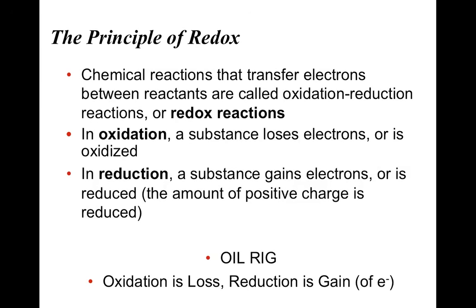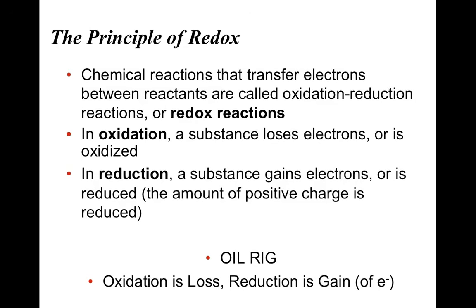So chemical reactions in which we transfer electrons are called redox reactions because one substance is going to be oxidized, it's going to lose electrons or electron density, and another substance is going to gain electrons or electron density, and we say that it is reduced. So the thing that's actually being reduced in reduction is the amount of positive charge.